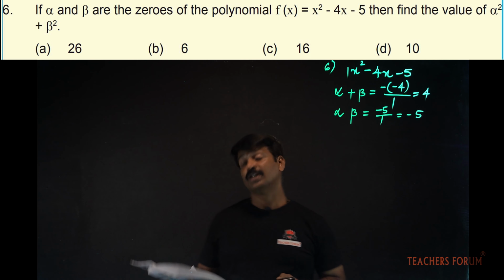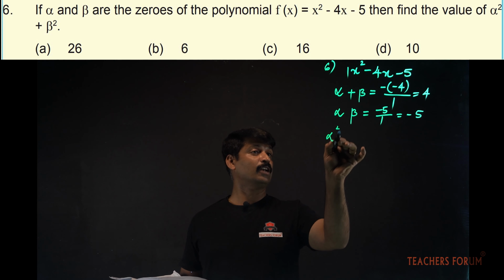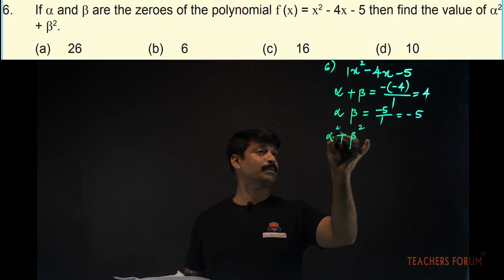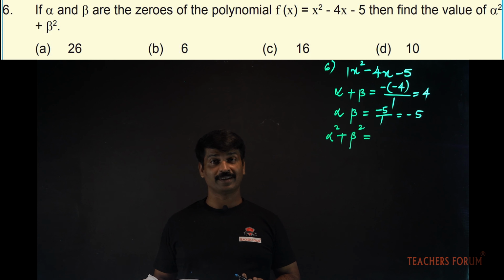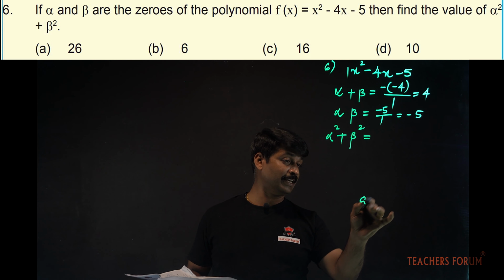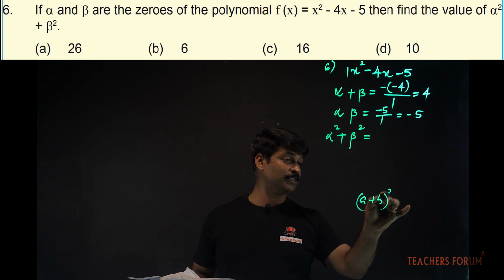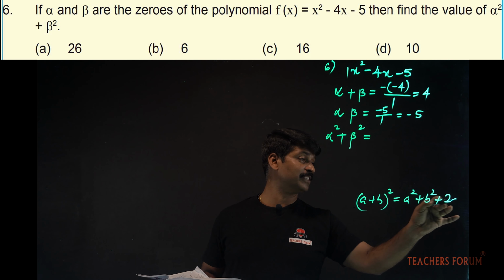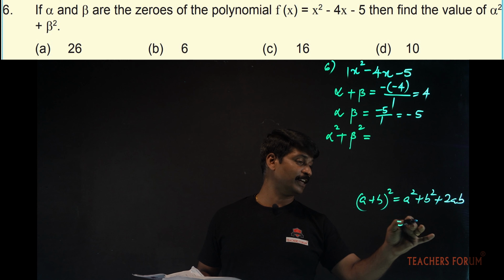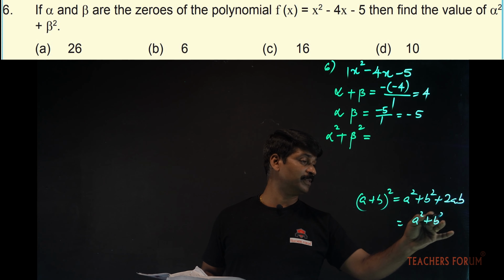What's the question? You have to find the value of alpha square plus beta square. You know the relation a plus b the whole square. What is a plus b the whole square? A square plus b square plus 2ab. So from here, can you find out what is a square plus b square?